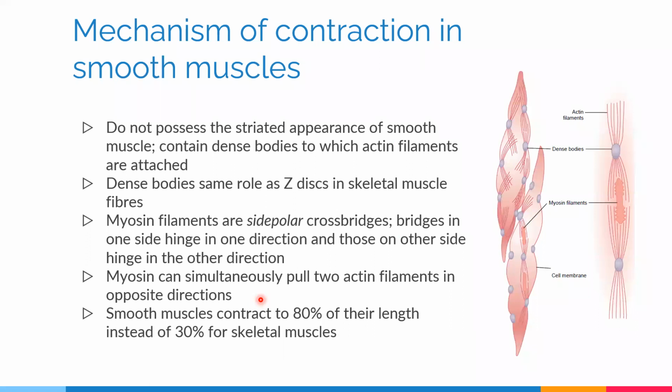When the myosin contracts, it pulls oppositely present actin filaments towards each other. The smooth muscles further can contract about 80% of their length instead of only 30% in skeletal muscle. The reason for this is the absence of any Z discs and any striated bands that will prevent further contraction.